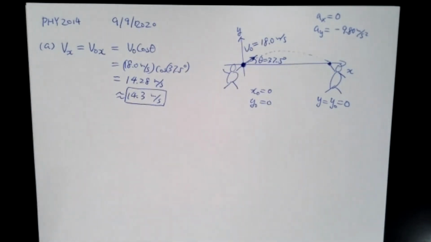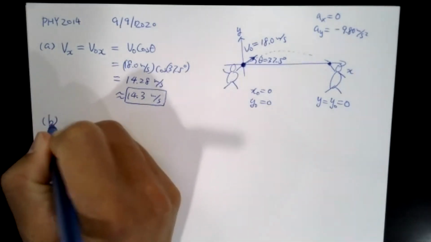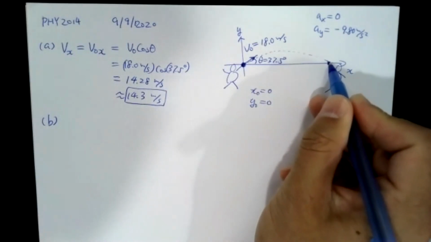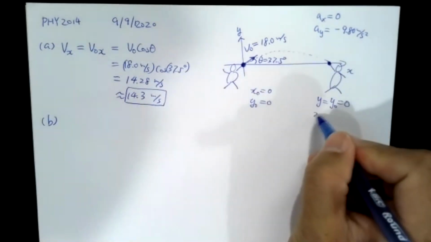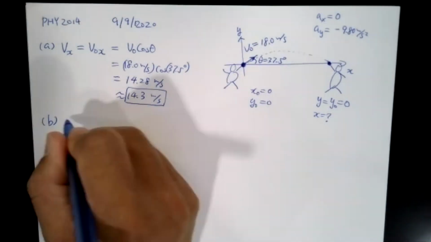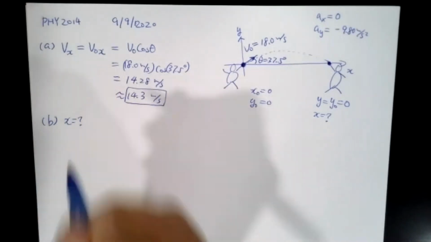Now the second part, if you are looking at your PowerPoint slide, is asking where in x this ball is being caught. So you are looking for x.